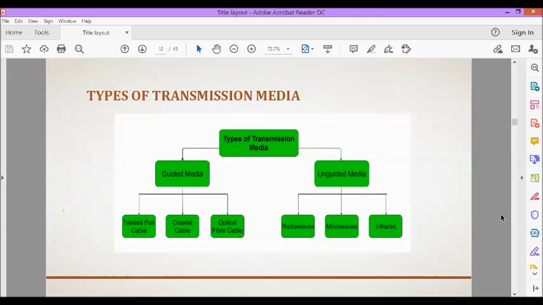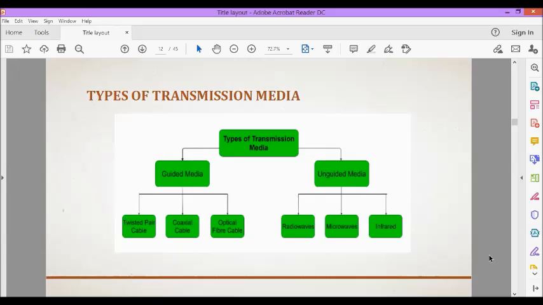Transmission media is broadly classified into the following types: guided media and unguided media. The guided media consists of twisted pair cable, coaxial cable, and optical fiber cable, while the unguided media consists of radio waves, microwaves, and infrared.